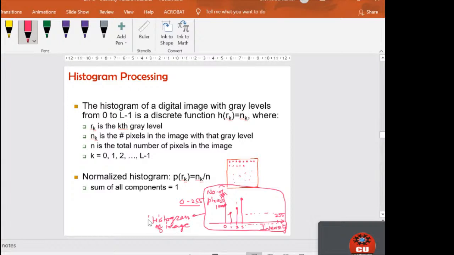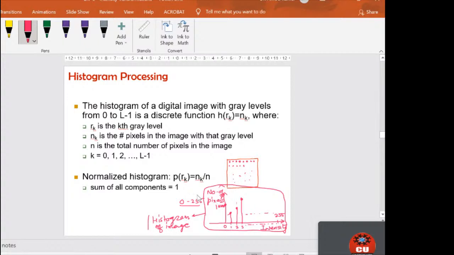Are you getting me? Histogram of an image, of this image. That means it's a plot of the number of pixels of the image, how many are there at each intensity level.